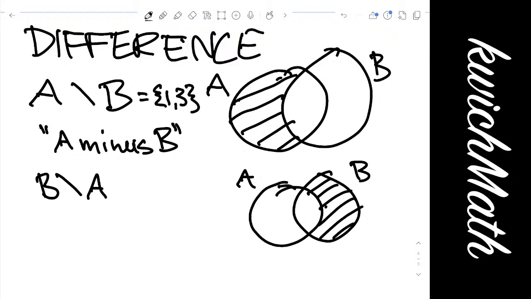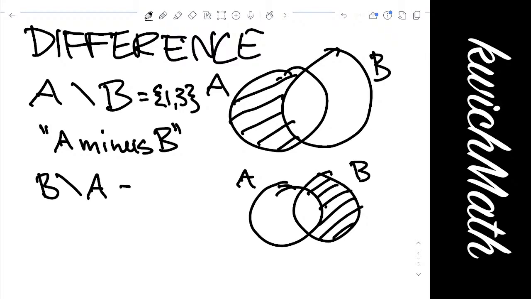It doesn't matter if you say A union B or B union A, you get the same set. But when you do a difference, just like with differences of numbers, it's not commutative. 5 minus 3 is 2, which is different from 3 minus 5, which is negative 2. And you can also see that with this set difference.